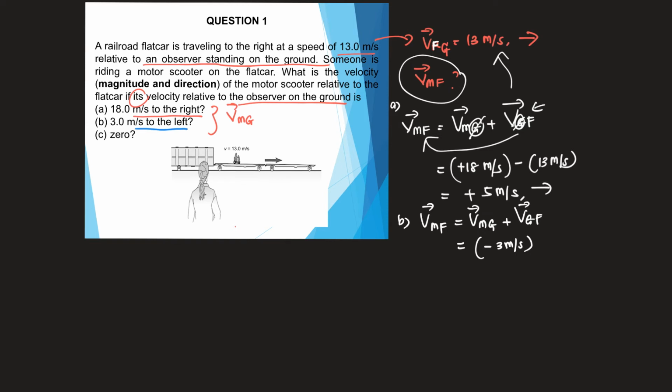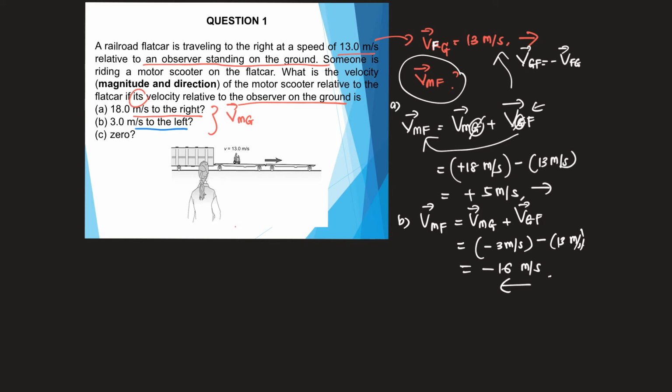And the reason we put the minus is because, like I mentioned before, V_GF equals negative V_FG, so negative 13 meter per second. You are going to get negative 16 meter per second, which means that the velocity of the motor relative to the flat car for question B is negative 16 meter per second, moving to the left.